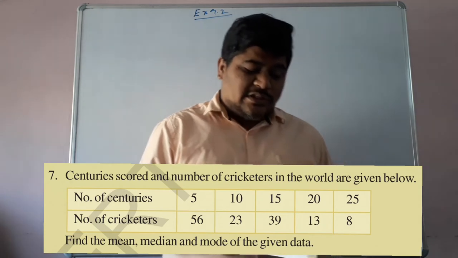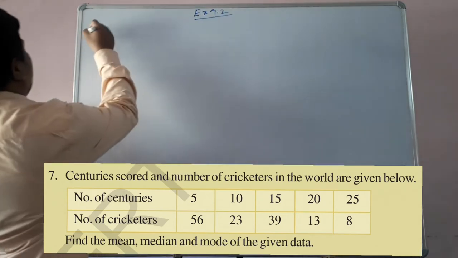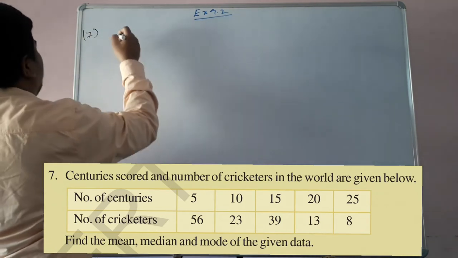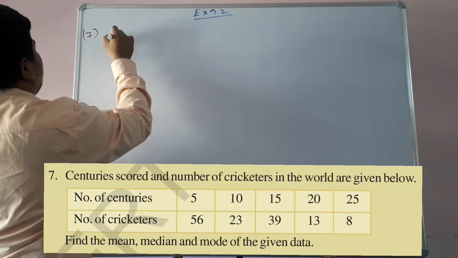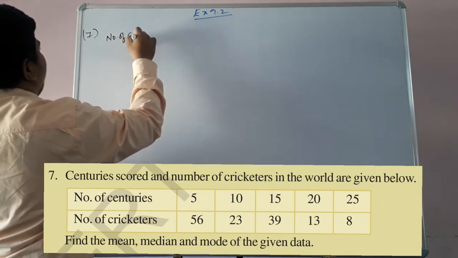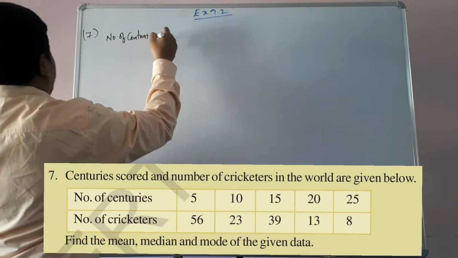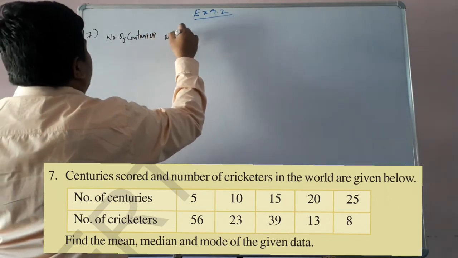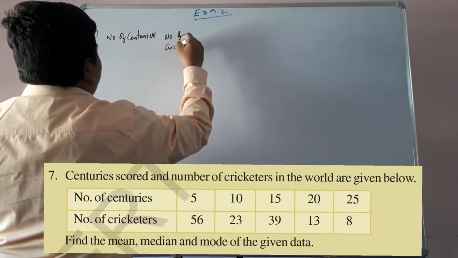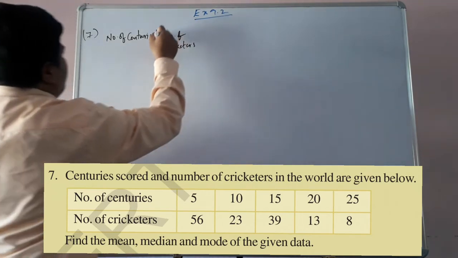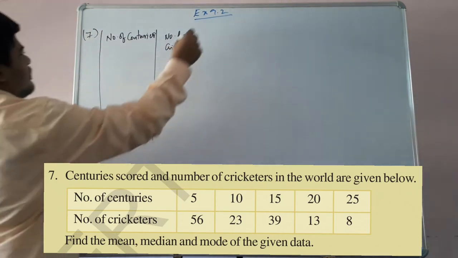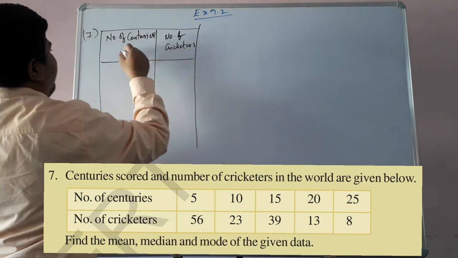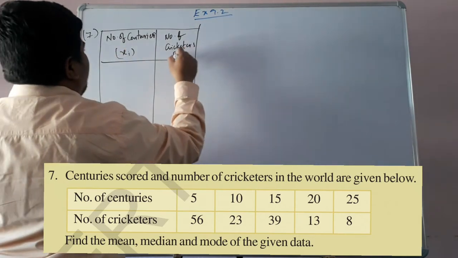They are asking three things, children: mean, median, mode. So problem number 7. Let us take this data in columns. First, number of centuries, next, number of cricketers. Here this is xi, children, and these values are fi.